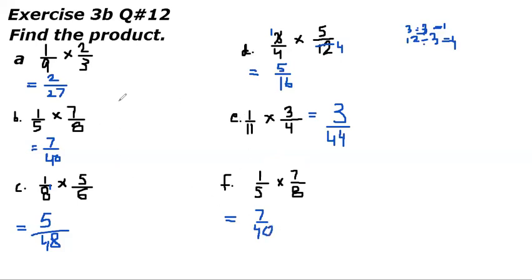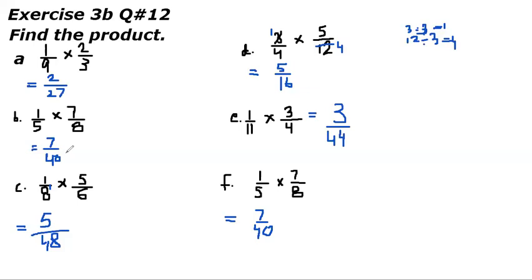The summary of this exercise is, students, before multiplying the two fractions, you have to check the numerators and the denominators, up and down and diagonally. Okay, if we can make cancelling, we have to do cancelling.